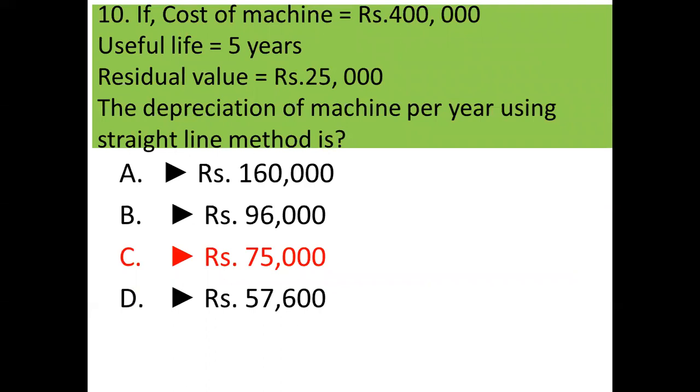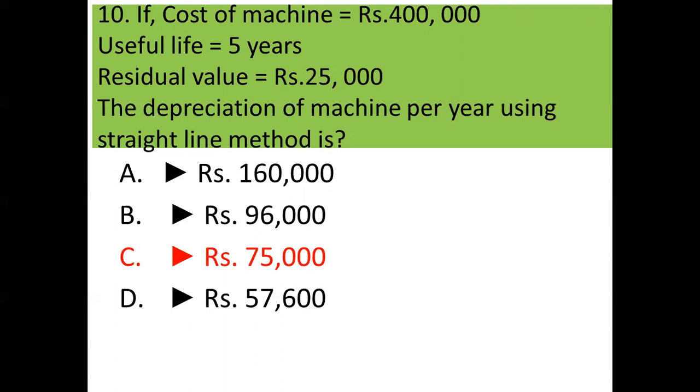Next question. If the cost of a machine is 400,000, useful life is 5 years, and residual value is 25,000, the depreciation of the machine per year using the straight line method is? Here you have to calculate the depreciation of that machine using the straight line method. As we know, there are more methods used in calculating depreciation.